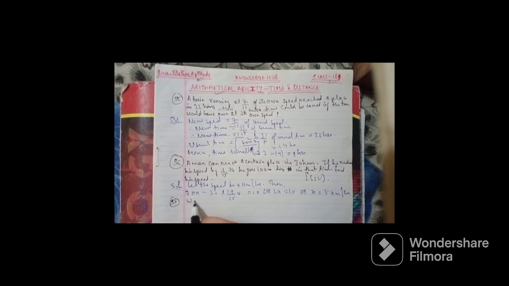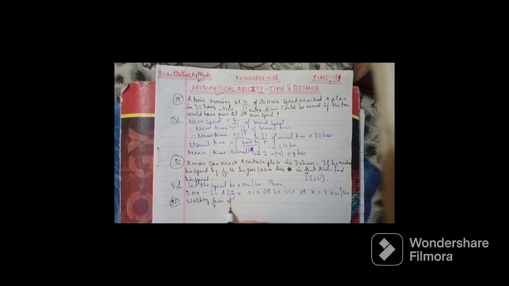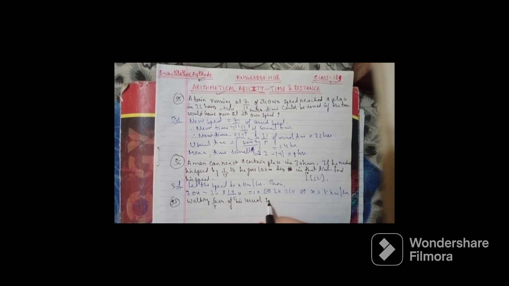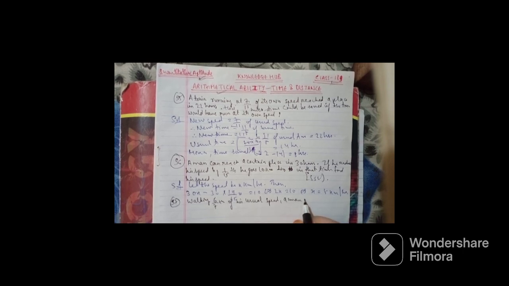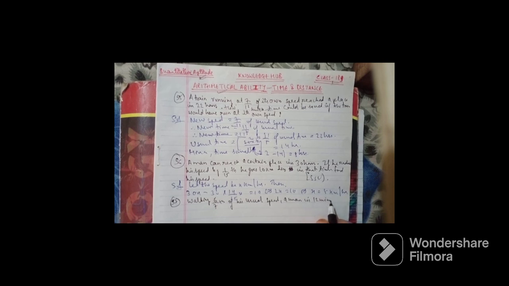Walking at 6/7 of his usual speed, a man is 12 minutes too late.